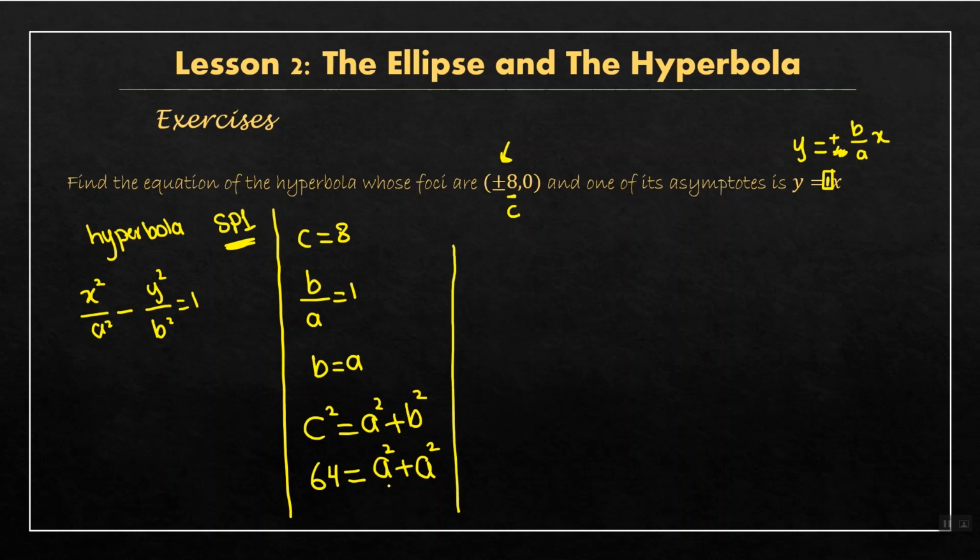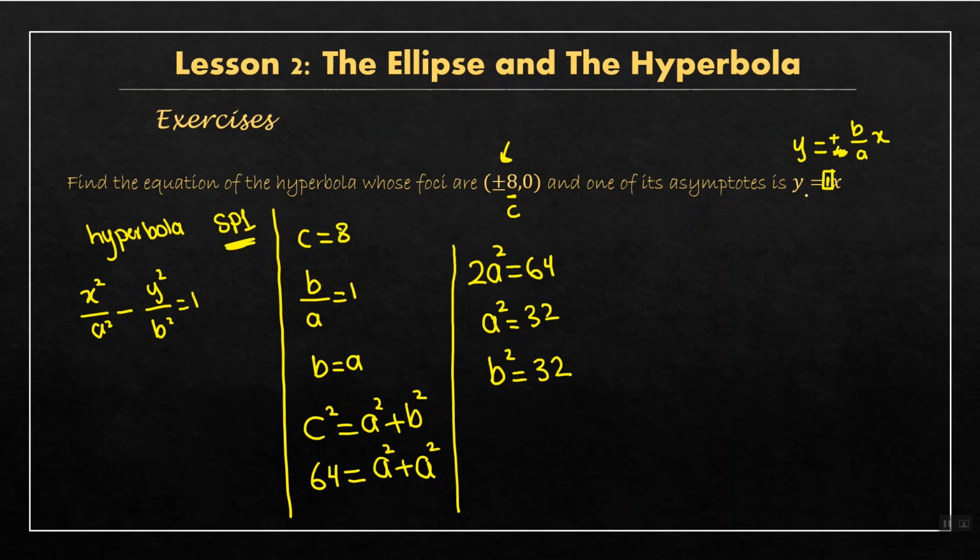What do we get from that? a squared plus a squared is 2a squared equals 64. So a squared equals 32. And if a squared is 32, then b squared is also 32.